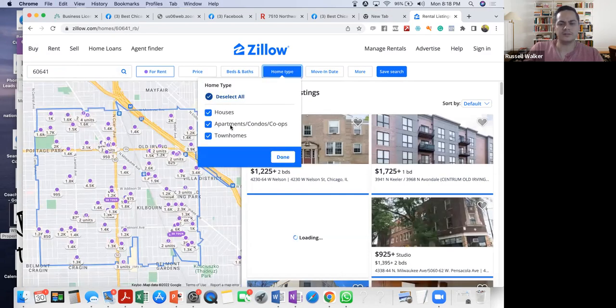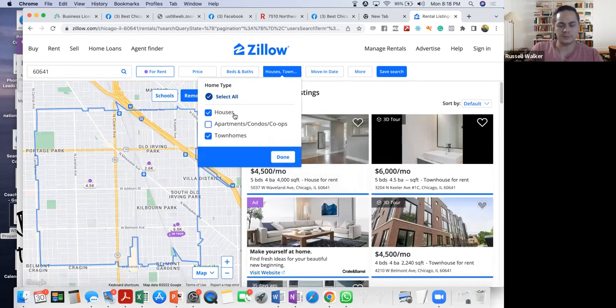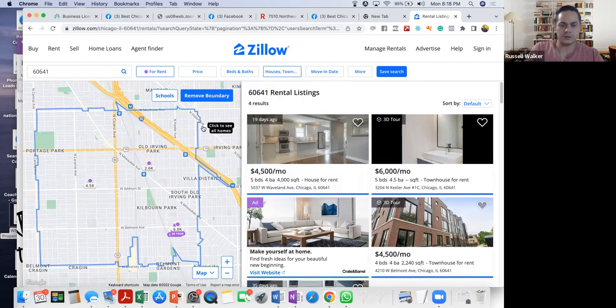And when you're doing these, it's best to do them with houses, maybe townhomes, apartments. You're gonna get a lot of 100-unit buildings, 30-unit buildings where it's impossible to get hold of the owner. So with townhomes, a lot of them you can get direct to the owner.